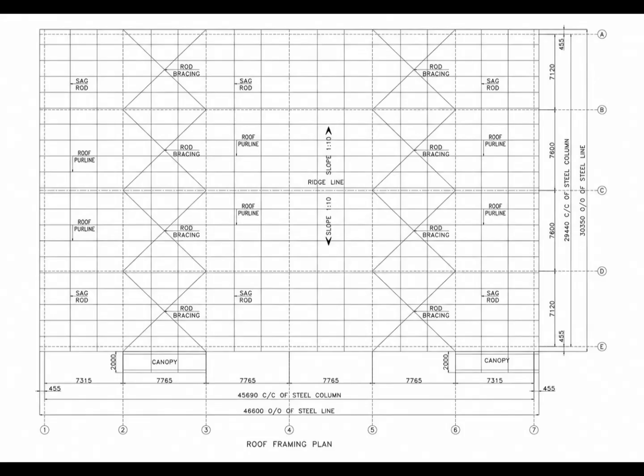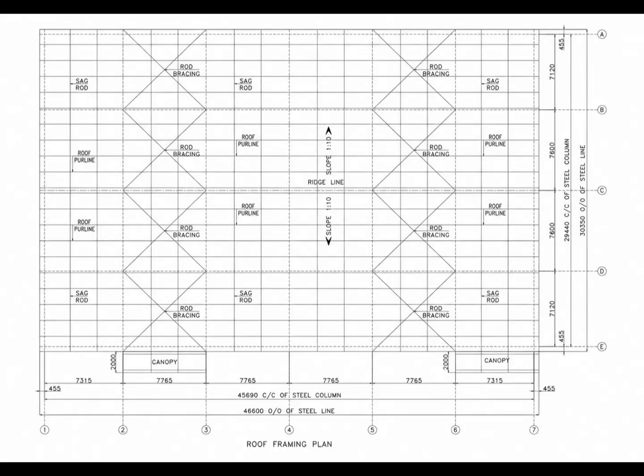So when we look at the sag rod locations in this plan, we should also understand where those locations are in relation to the ridge line and the two roof slopes. The roof is divided into several framing zones. The grid lines running across the building help define these areas. We can see grid references A, B, C, D, and E along the side of the plan.